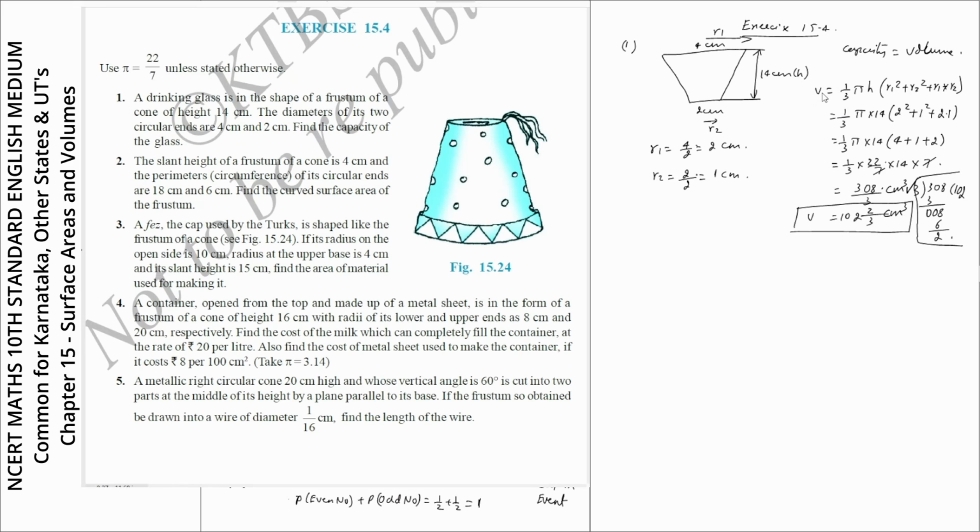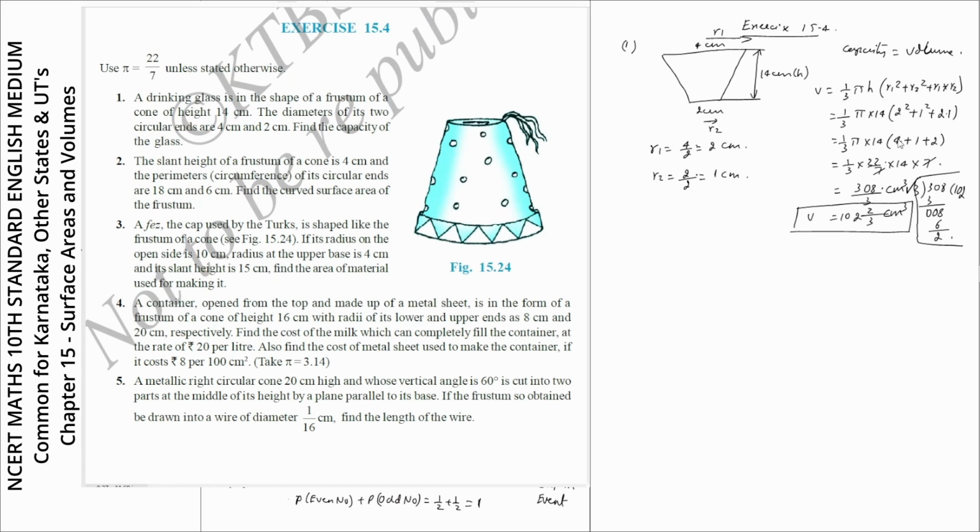The volume of the frustum is given by 1/3 π h (r1² + r2² + r1 r2), where h is the height, r1 is the radius of the top circle, and r2 is the radius of the bottom circle. Now substitute all the values. 1/3 into π into h, which is 14, r1 we found is 2, r2 is 1, and r1 into r2 is 2 into 1.